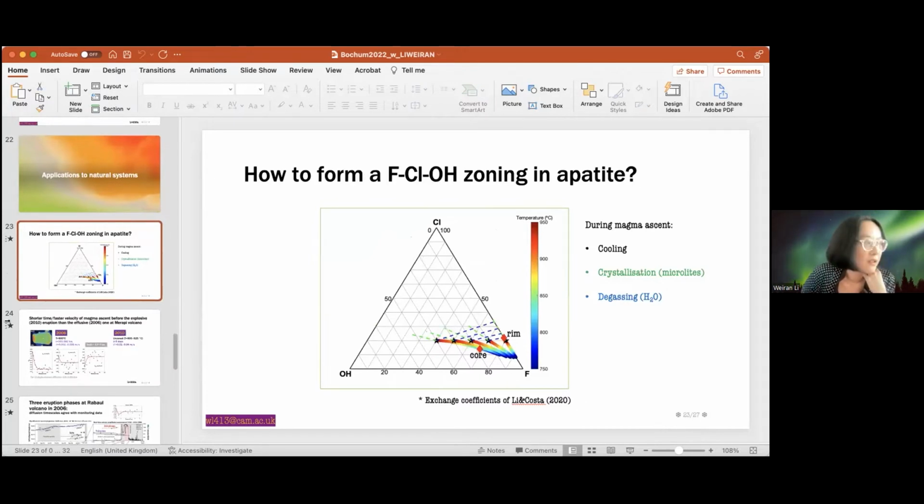If we go along the cooling trajectory, that would lead to fluorine-rich apatite, which doesn't appear in any of the apatite we observed, because most of the apatite has higher chlorine at the rim. That has to be more related to the degassing process, I guess.